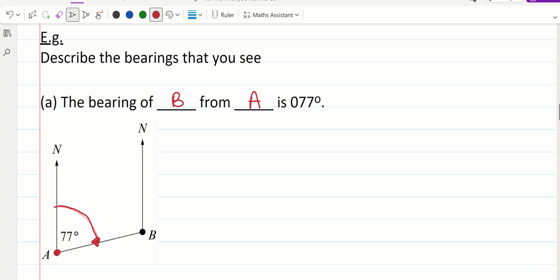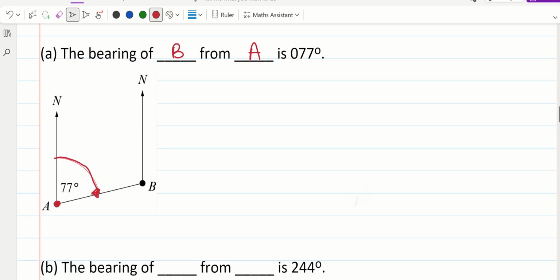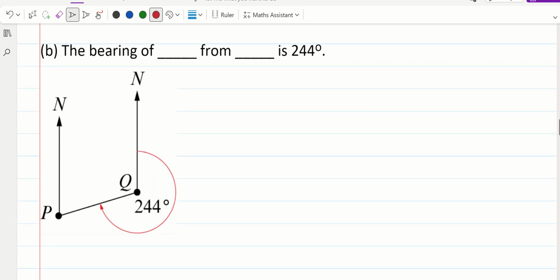And that's 77 degrees, or 077. This one, well, this is the bearing from Q, because I have to start from Q, I draw the north line and I move clockwise. So from Q, and it's the bearing of P.